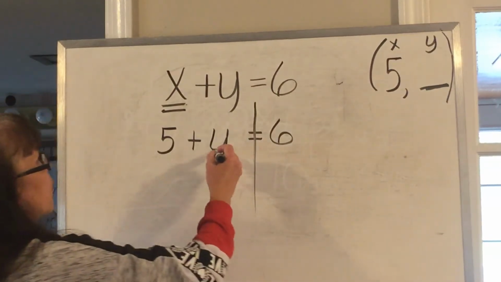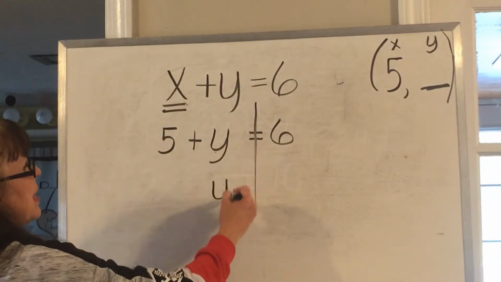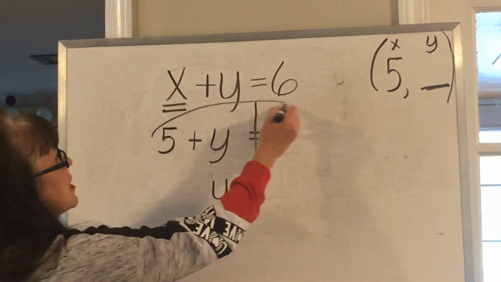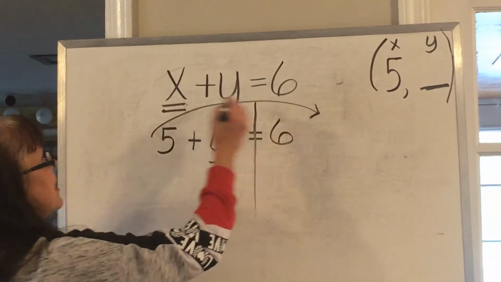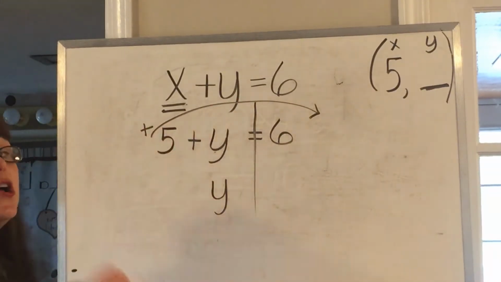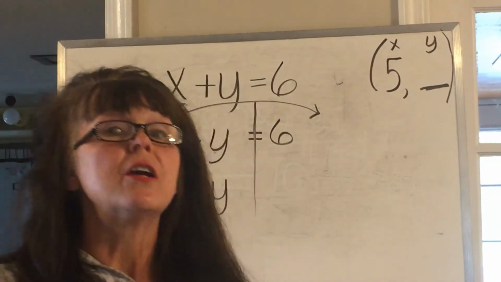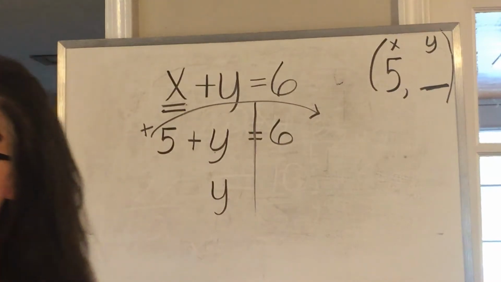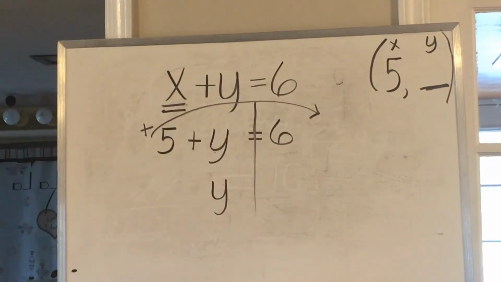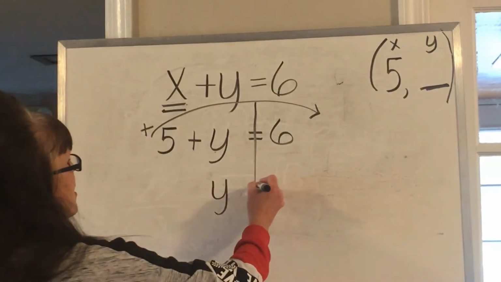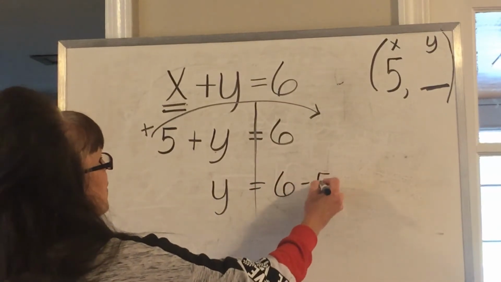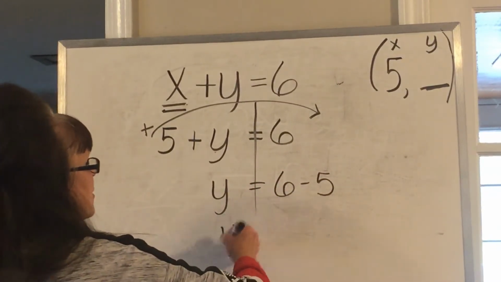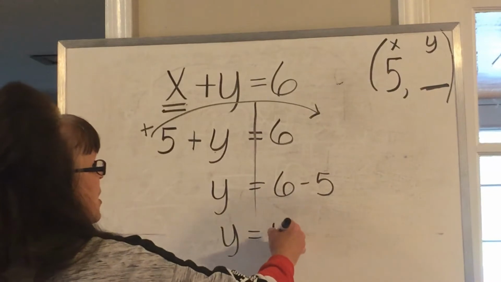Keep your Y, keep your variable, and then your number is going to get moved to the other side. And when you move a number, remember that you have to change the sign. So that positive 5 is going to become a minus 5. So y equals 6 minus 5. 6 minus 5 is 1.